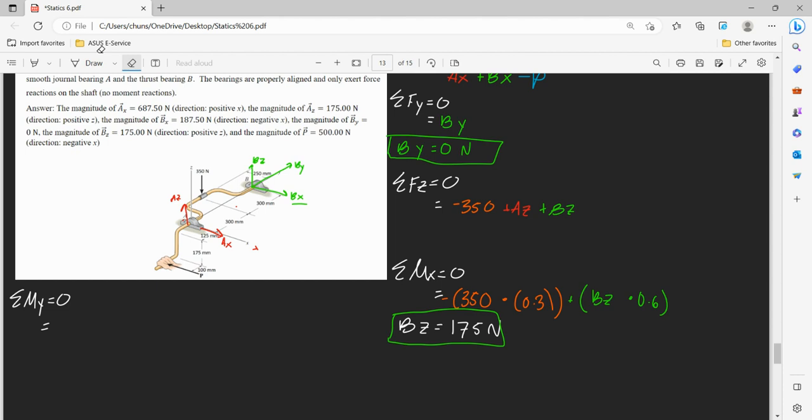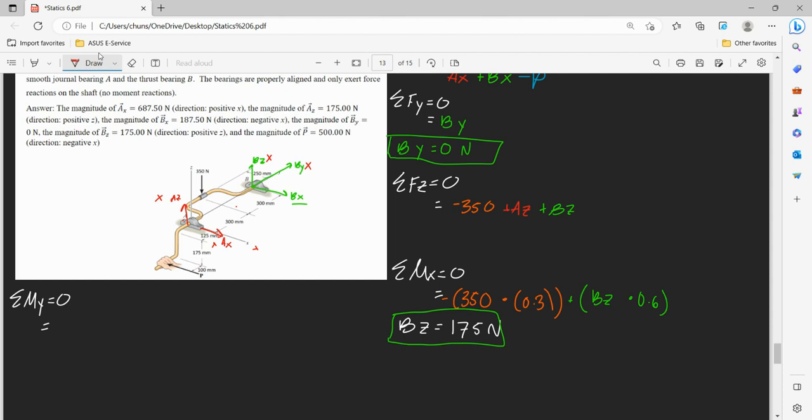So we can't use BY, and we can't use our anything here, so we can't use this, can't use this. So that leaves us with, okay, BZ also goes through, so we can't use that.